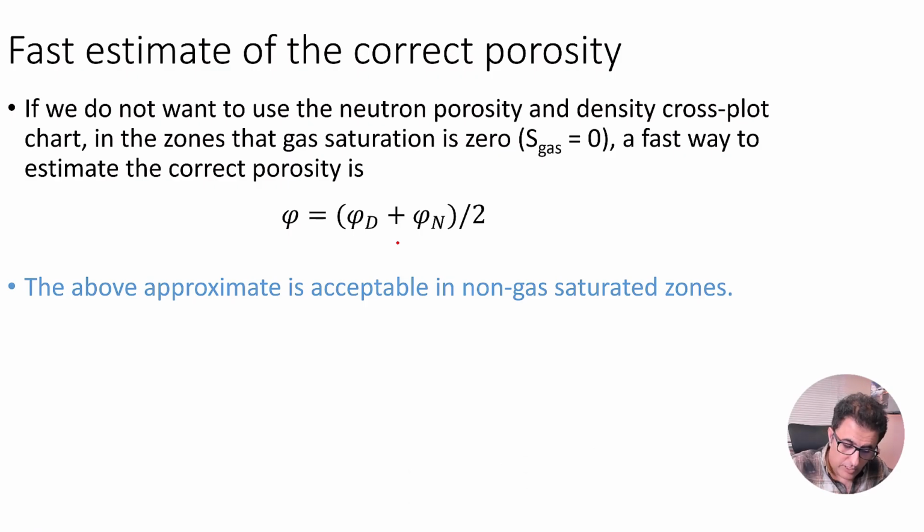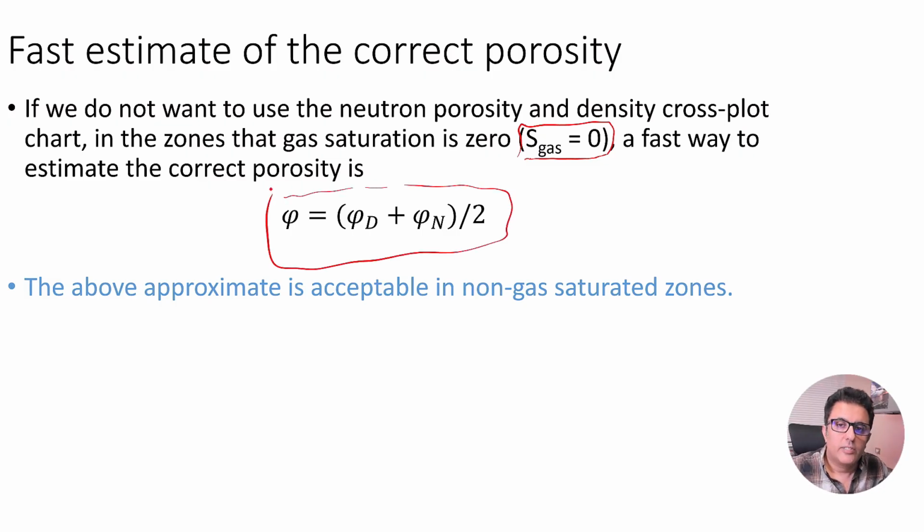And something that you may notice here, this equation just works for the case of 0% gas saturation. If we have some gas in the formation, we may not be able to use this equation. So if you're confident that there is no gas saturation in the formation, you can easily use this equation as well.